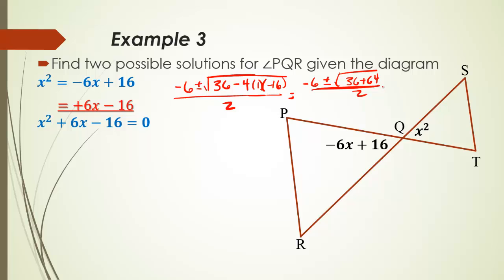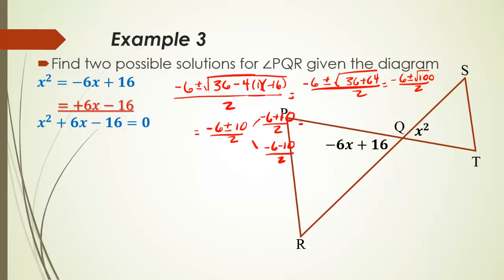and that's over 2. It's the same thing as negative 6 plus or minus the square root of 100 over 2. And the square root of 100 is 10. So that gives us negative 6 plus or minus 10 divided by 2. Negative 6 plus 10 and negative 6 minus 10.